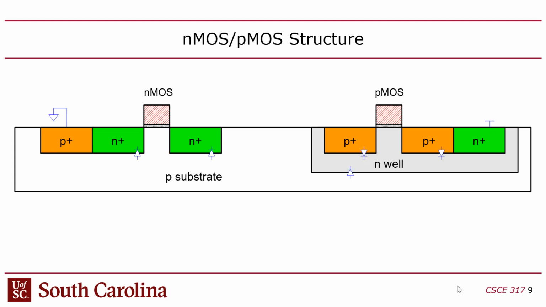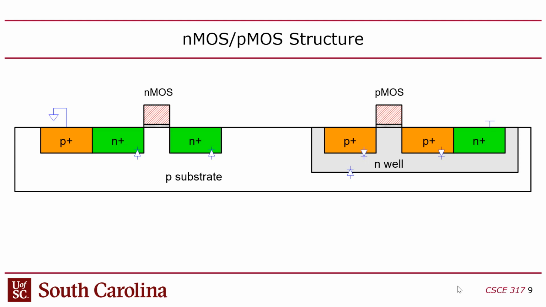Okay. The question is, how do you do that? And for that matter, how do you ground the substrate, the regular substrate for the NMOS? So this part is a little weird, but notice that this says P and this says P plus, and this says N and this says N plus.